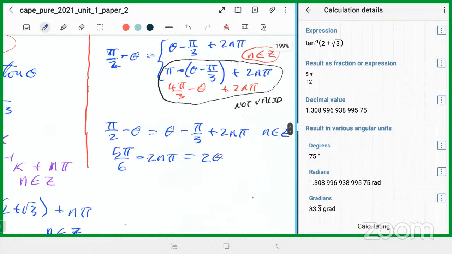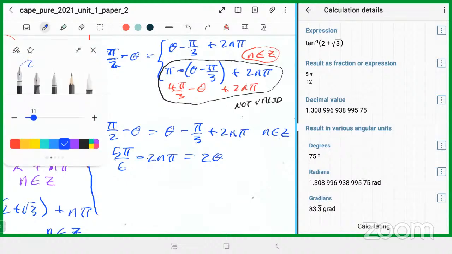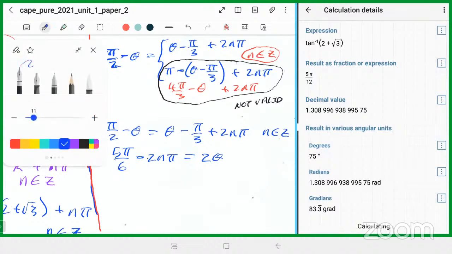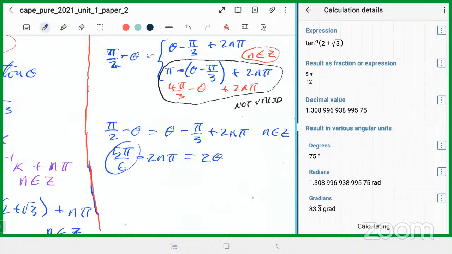And then all I have to do now is what? Divide through by the 2 to get the theta. Right? Divide through by 2 and I will get the theta. So if I divide through by 2 now, this will become 5 pi by 12. This will become n pi minus n pi, and that equals theta.